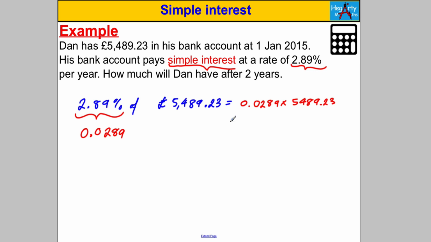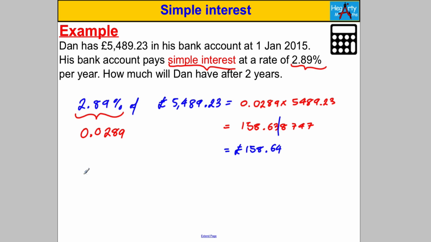So write out our full answer before we decide whether to round it, because it's money. So that's 158.638747. Now because it's money, we should round it to 2dp, so we're going to round that to £158.64. That 8 makes that round up to 64 pence. Now that's how much interest Dan gets each year.